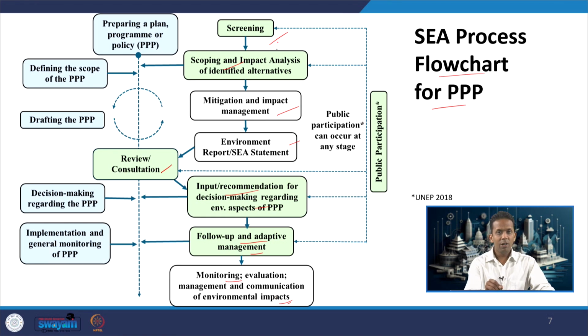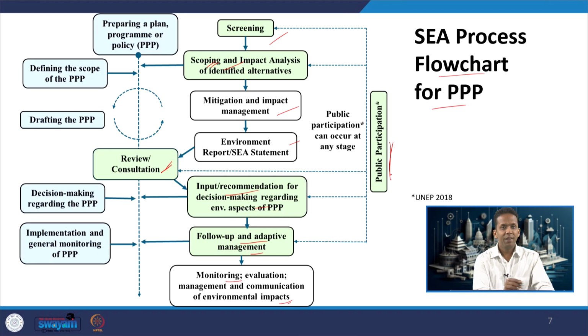So, amongst all these stages from screening to follow up and adaptive management, the public can be involved, but the main stages at which public participation happens are scoping and review or consultation. That is the flowchart for an SEA based on PPP.